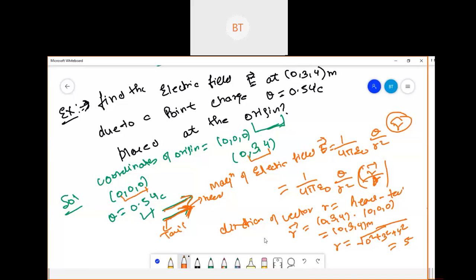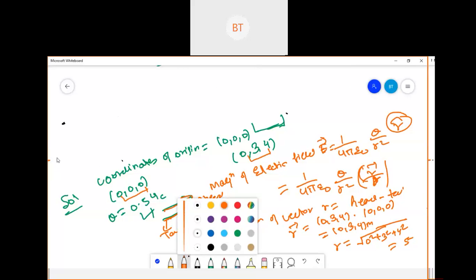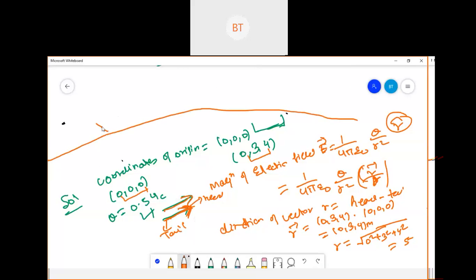If you substitute the values here, E will be equal to 9 into 10 to the power 9 into 0.5, since Q is given as 0.5 microcoulomb, so 10 to the power minus 6.